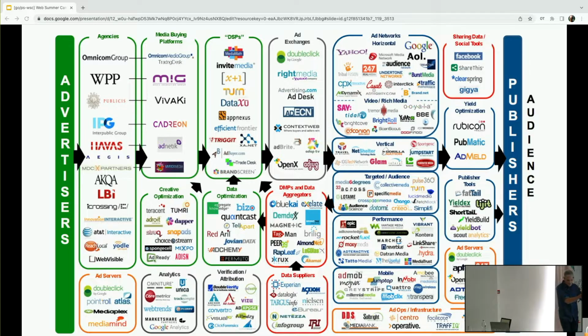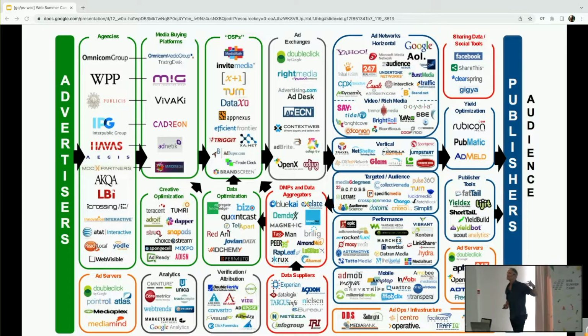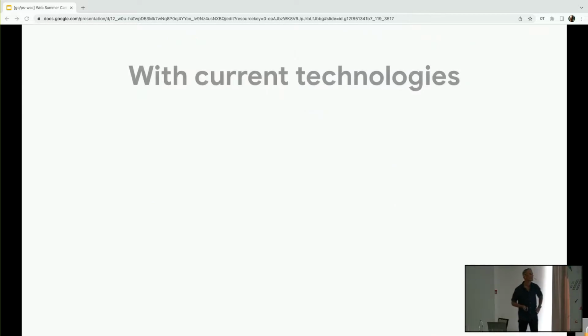You may have seen this picture of ad ecosystems on the web, which is insane. Not even developers, publishers, advertisers, or ad tech platforms understand the whole supply chain when ads are delivered to a page. It's really complex.